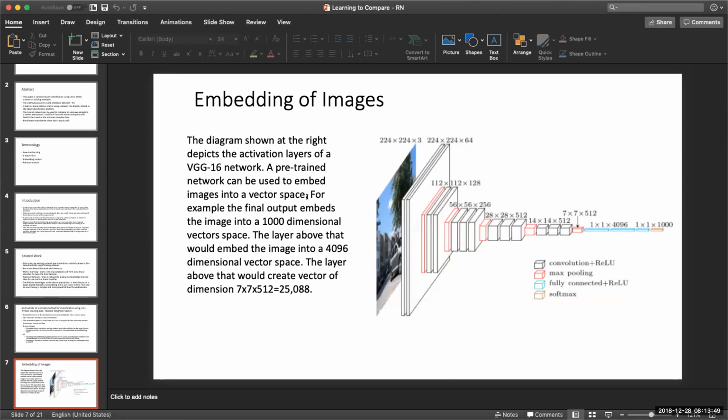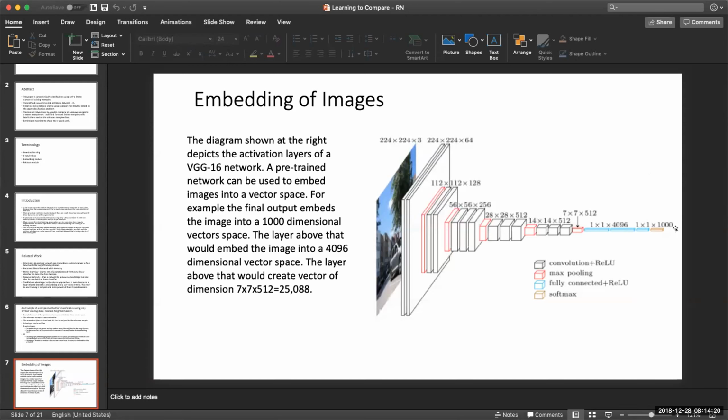If you put an image into it, which will need to be 224 by 224 and 3 color planes, it will forward propagate through the network. And at the very end, the VGG will return 1,000 outputs. So it can be used very simply to embed the image in a 1,000 dimensional vector space.